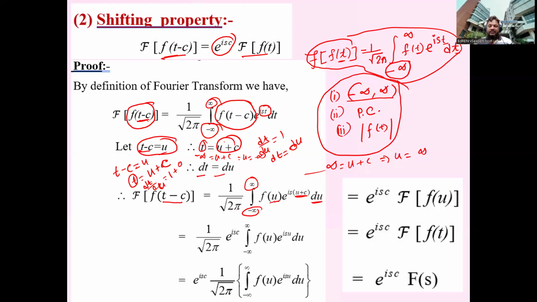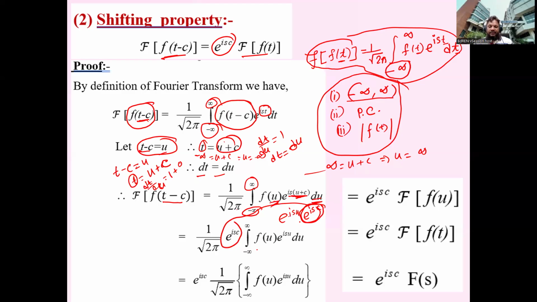Now, in the right hand side, the variable is considered as u here. So we can write e to the power isu times e to the power isc. If we expand this one, e to the power isc is a constant term, because in this expression u is the variable, so we can take e to the power isc outside the integration.